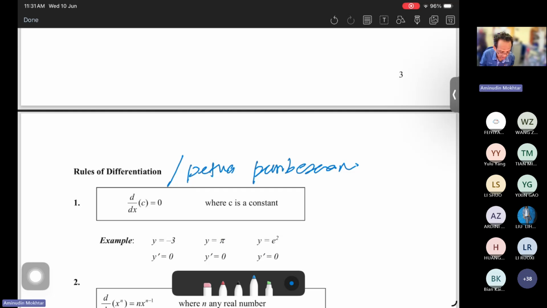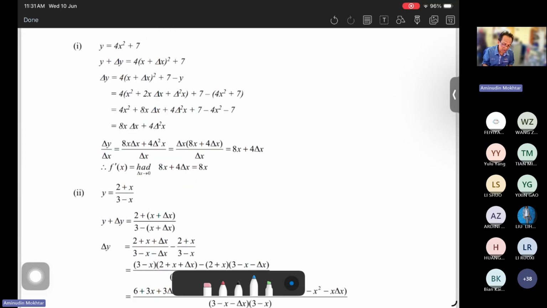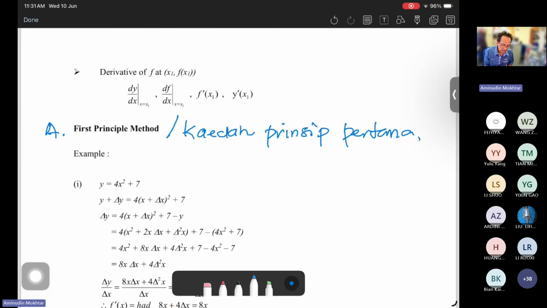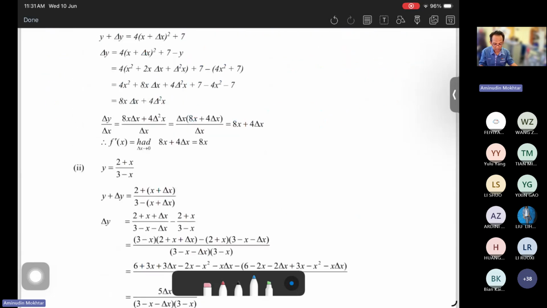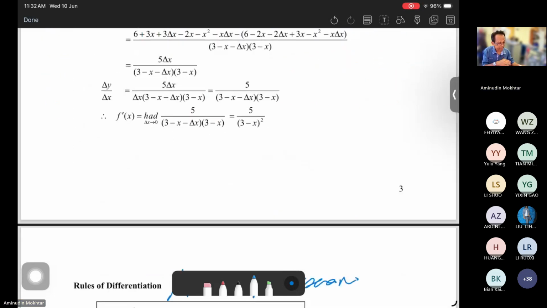Okay, I'm going to explain these two methods. The first one is about the kaedah prinsip pertama. The second one is about the petua pembezaan. Okay, now what is the kaedah prinsip pertama? I hope you please refer to page 3.